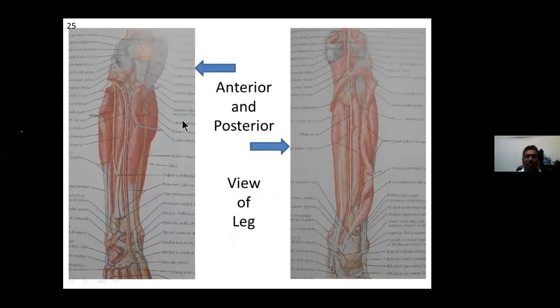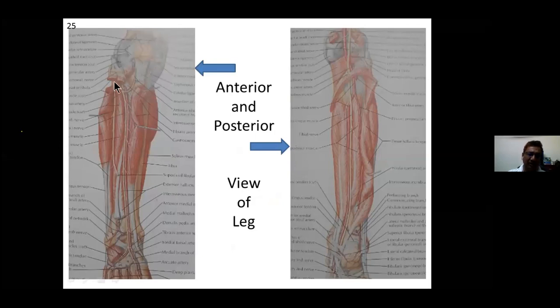Now we are in the leg, and this is the anatomy of the leg. You see, here is the anterior view of the leg, the posterior view. In the anterior view, the vital structure winds round and is divided into two: superficial and deep peroneal nerve.